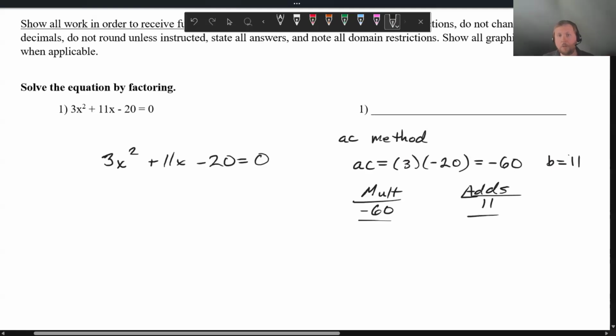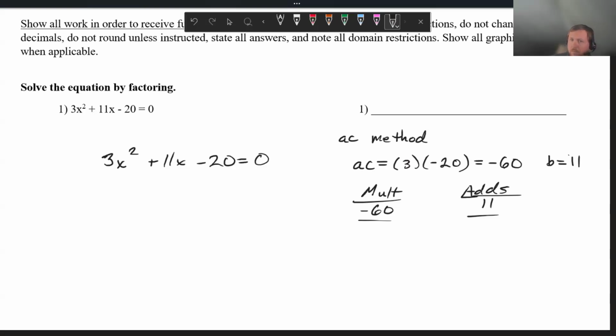Now, since they're multiplying and giving me a negative number, that means they have opposite signs. And since the B value is positive, that's telling me that the one with the greater magnitude is going to be the one that's positive.